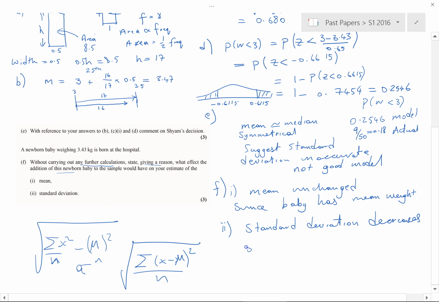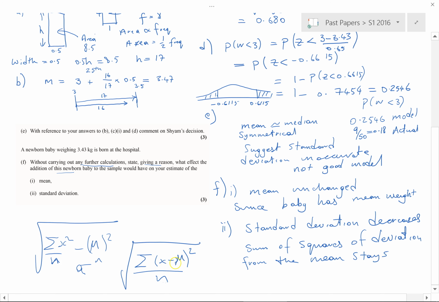So that's what I would say: the sum of squares of deviation from the mean stays the same, because the extra one is the mean.